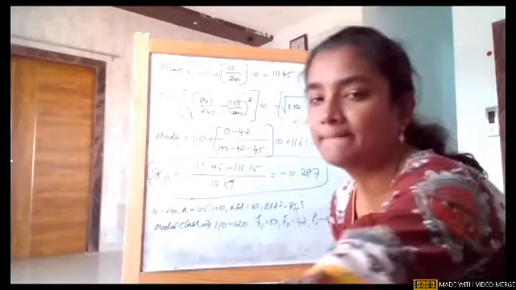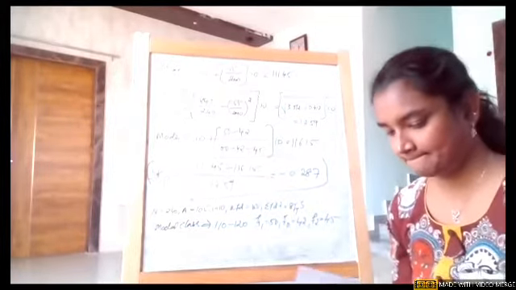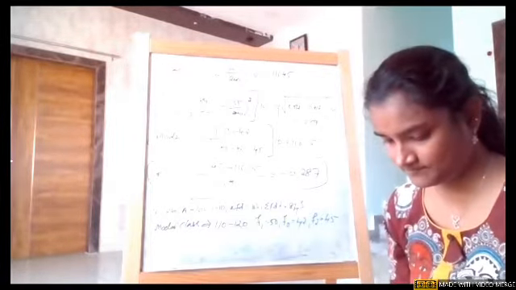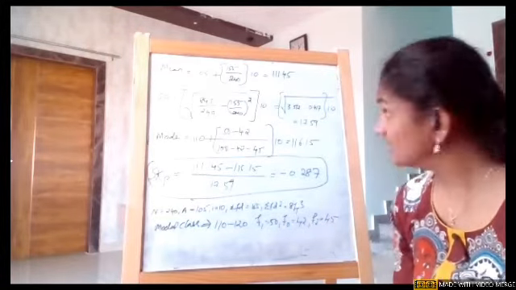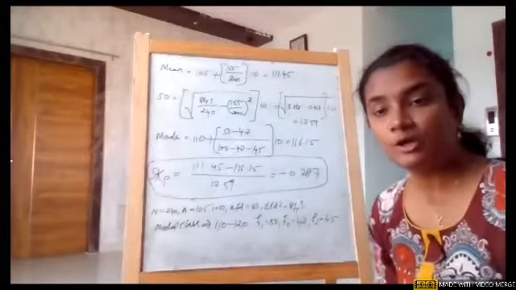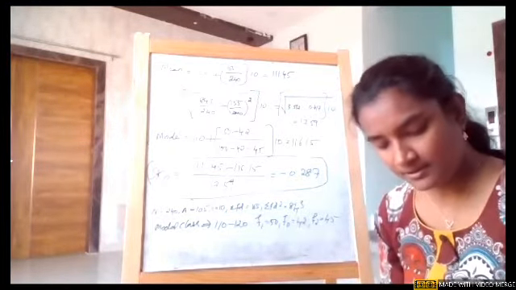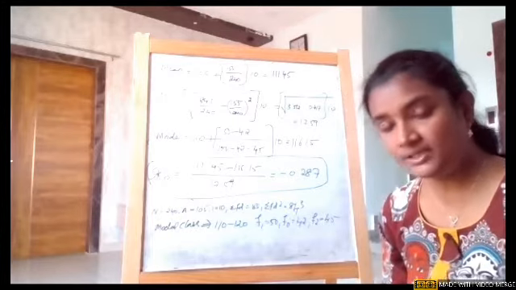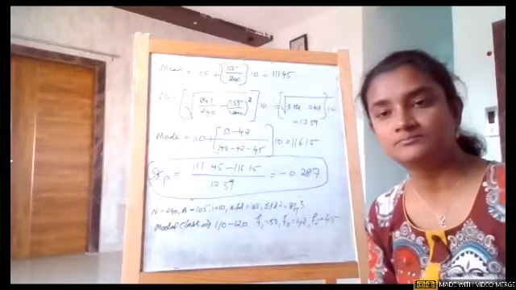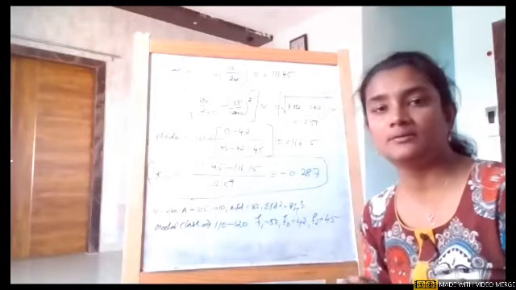Ma'am, I have a doubt on FD square. How did you get those values, ma'am? There is an FD column, right? FD column into D column. So it is F into D square.